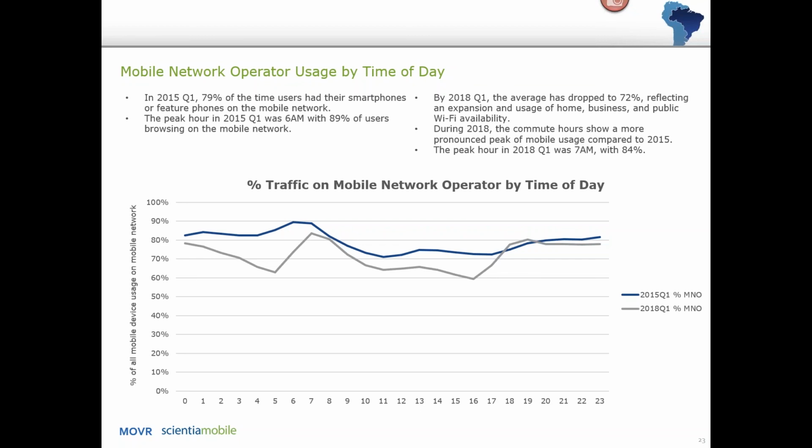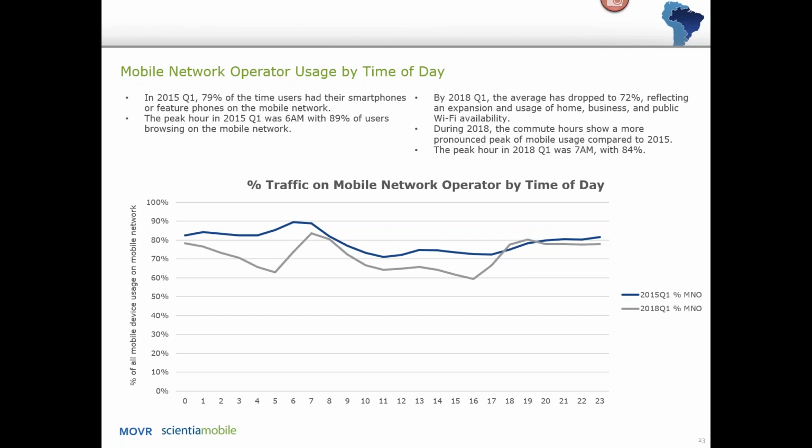So what we've seen in 2015, there was pretty steady use of a mobile network, kind of right around 79%. Well, the peak time was 79% of users in the morning, but it was a pretty consistent line across the day.